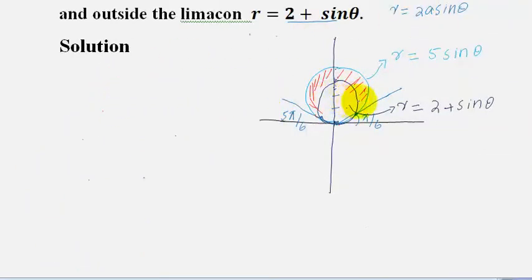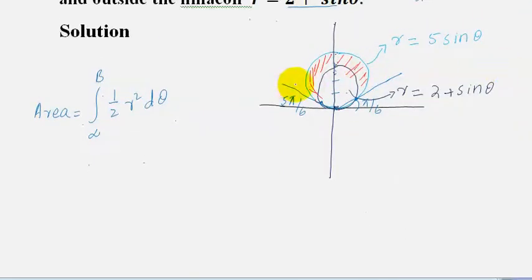Now we have found the points of intersection. Now we find the required region which is bounded by two curves. We use the formula area equal to definite integration from alpha to beta of 1 by 2 r square d theta.